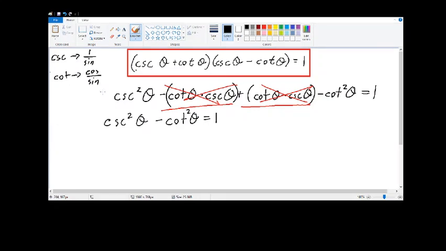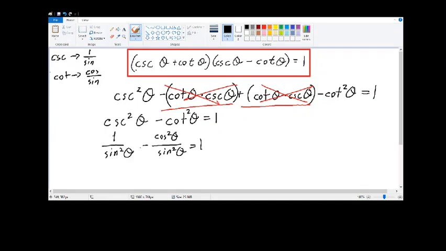So let's get these into as close to their originals as possible. So in this case, cosecant squared ends up as 1 over sine squared. And cotangent squared becomes cosine squared over sine squared. These will be equal to 1, and then we could work from there.